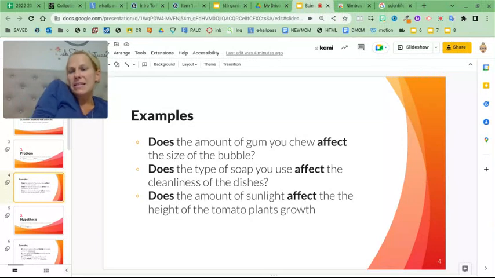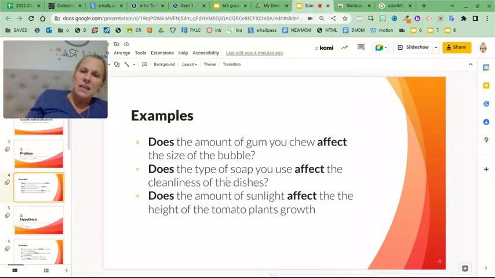Well, as a scientist, the one thing in that question that I can change is how much gum I give you. I can't look at you and say, make a bubble 6 inches wide, but I can say, hey, you, I'm going to give you 4 pieces of gum, or I'm going to give you 6 pieces of gum, or maybe I give you 1 piece of gum.